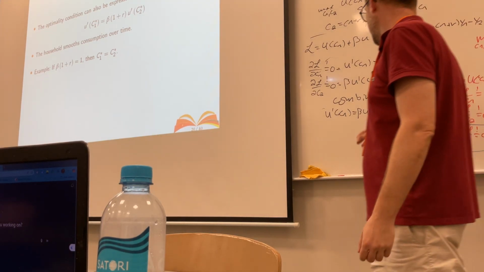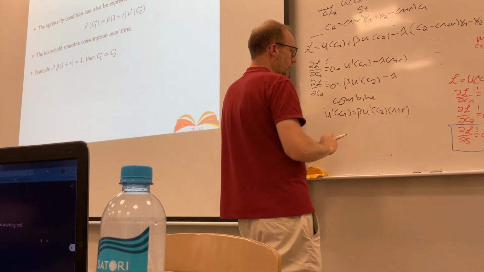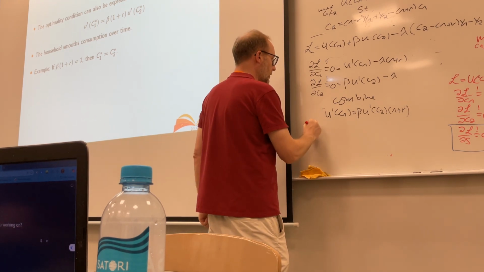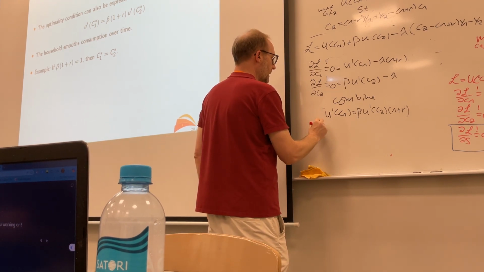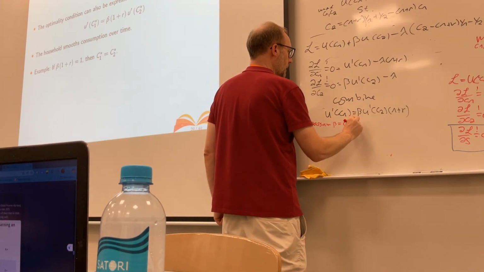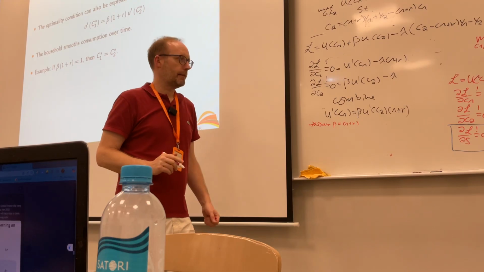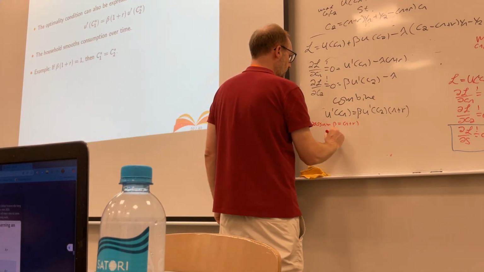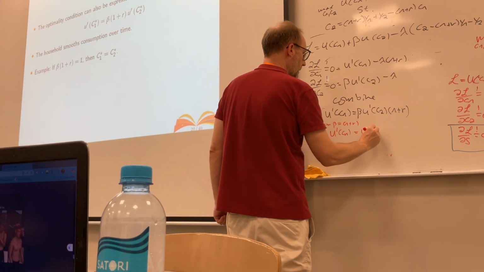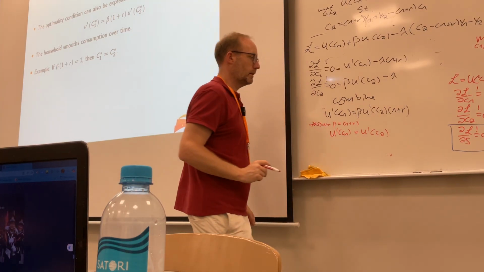So a quick way to see that we have consumption smoothing, just for the argument, assume that beta is equal to 1 plus r. If that's the case, then this condition becomes u prime of c1 equals u prime of c2.